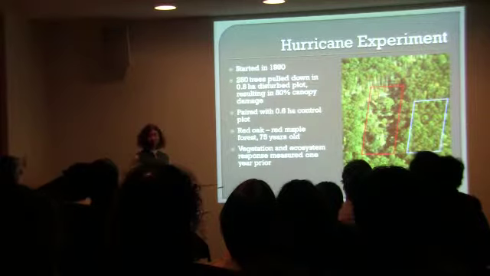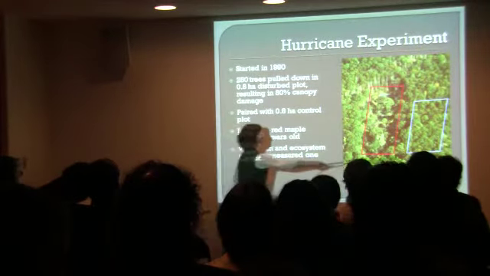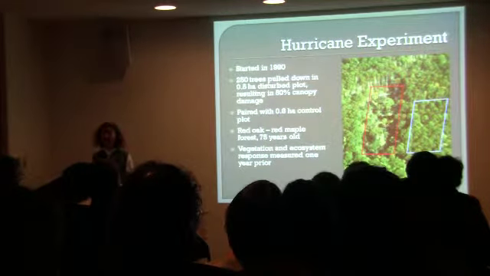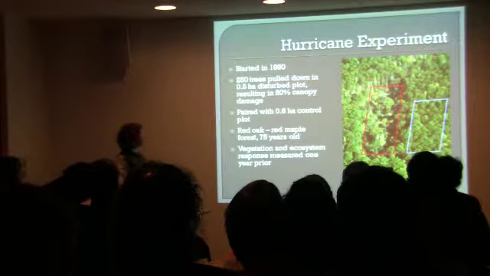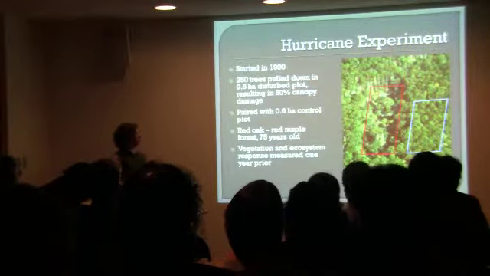We paired it with a somewhat smaller control site, so this is the hurricane plot, this is the control. And we sited it purposefully in our most common forest type in the area at this time, which is red oak, red maple, deciduous forest, getting middle-aged, about 75 years old in 1990. And we were sure to take measurements 1 year prior to the manipulation and then thereafter.